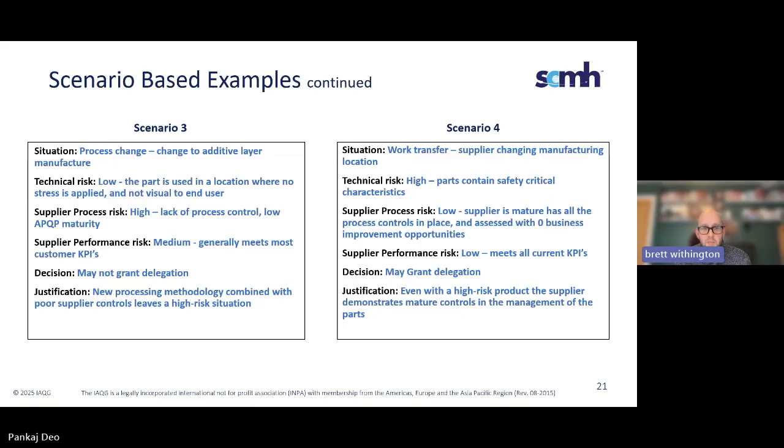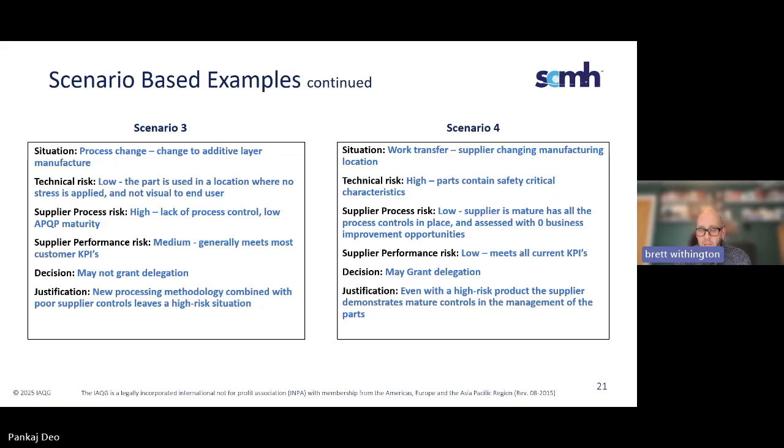From a supplier risk perspective, we'd say high, because the particular supplier has some poor process controls and a very low APQP maturity capability. From a supplier performance risk, we could say medium, because the supplier generally meets most of the customer KPIs.